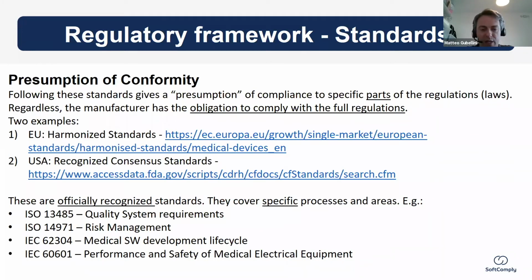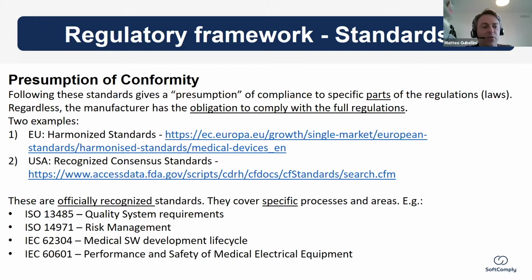At the end of the day, you have to comply to the laws of each country. But if you follow certain standards that each country or each jurisdiction will highlight or list, you have this presumption of compliance to the specific part of the regulation.